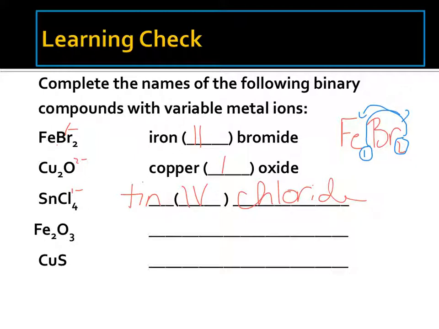Oxygen always has a charge of 2 minus. So if it took 3 2-minuses, that's a total of 6 electrons. So if we have 2 irons, each one must have given 3, because 3 times 2 is 6, and 2 times 3 is 6. So this is iron 3 oxide.